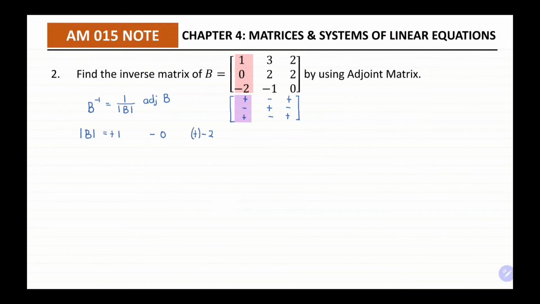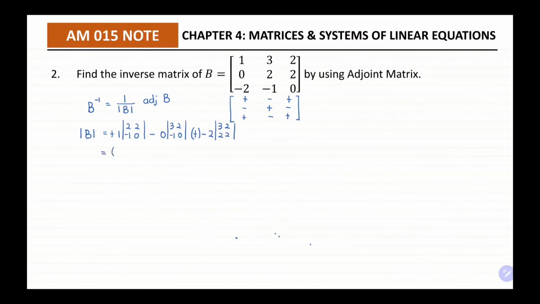Then we take the minor, we close number 1. We close number 1, so we get 2, 2, negative 1, 0. We close 0, and we get 3, 2, negative 1, 0. And we close number negative 2, we get 3, 2, 2, 2. Then we solve the minor, so we use AD minus BC.